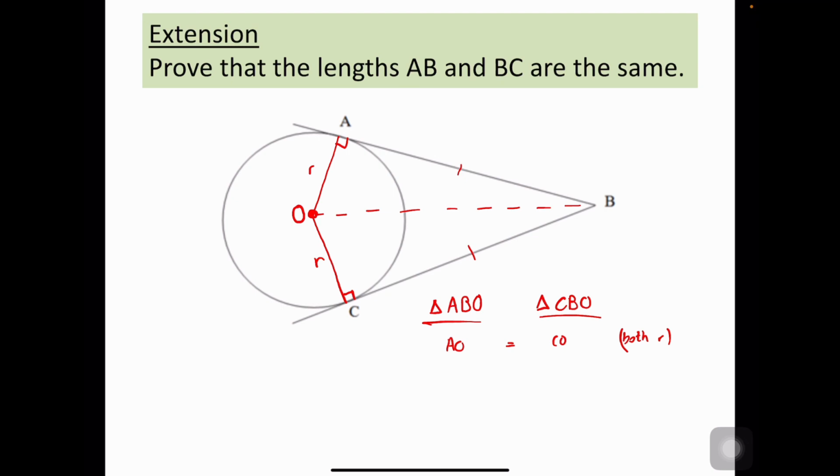They both have a right angle. So OAB equals OCB, right angle, and OB is the same as OB. They both have a shared side.